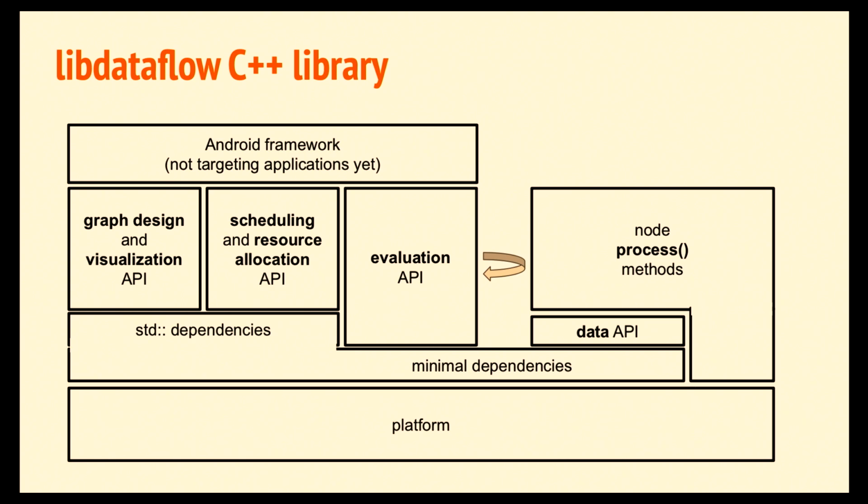Some APIs that are usable at design time, and other APIs that are usable at runtime. So the ones on the left can use more dependencies, let's say from the standard library. They can do memory allocation, they can use std::vector, std::set, things like that. Whereas the runtime API has minimal dependencies. I haven't looked at it recently, but it's just a few undefined symbols when you look at it, and they're very basic operations like memcpy.